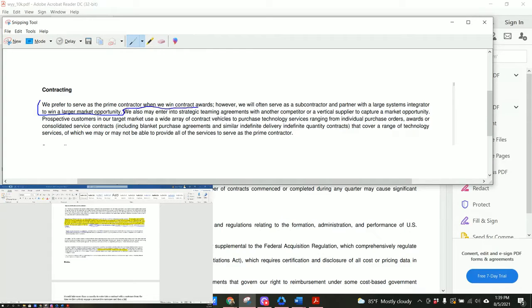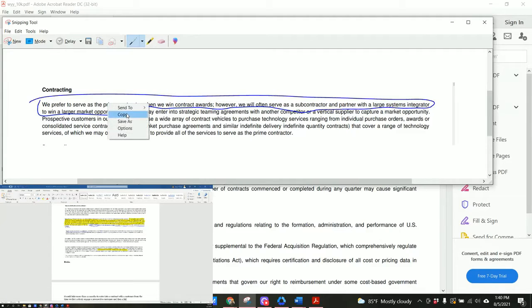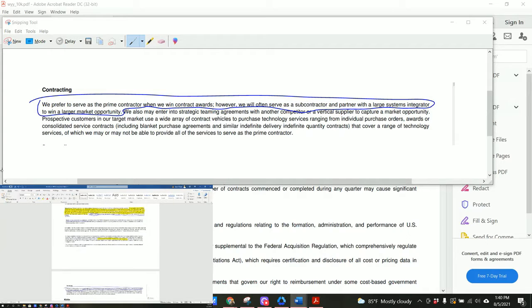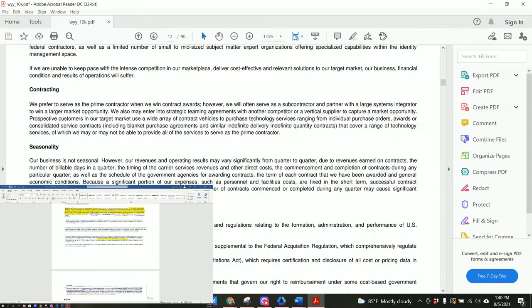But when they're not, they'll work with other people to get bigger contracts. That's also important because prime contractors typically not only are in control, they typically make more of the money as well. So that is important to know, that they do both.